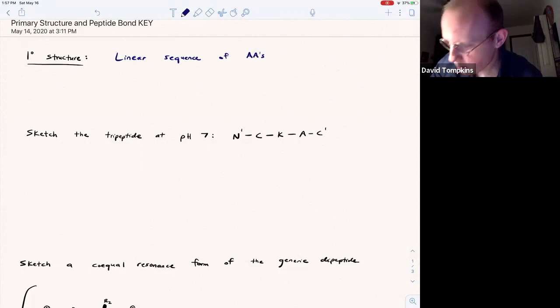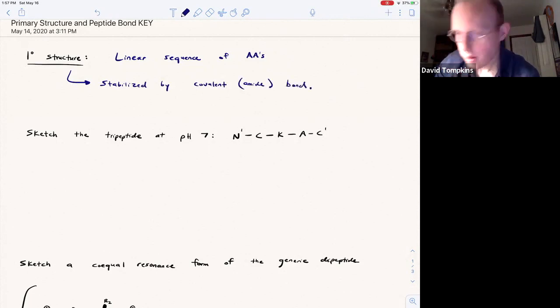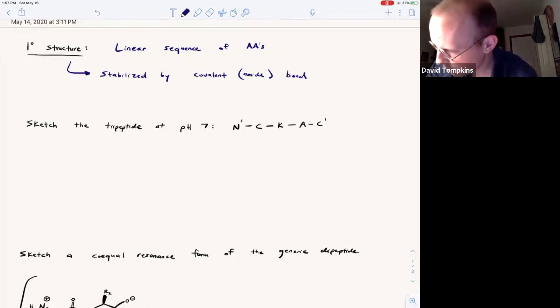And that linear sequence is going to be held together and stabilized by covalent bonds. Specifically, the covalent bond of interest is an amide bond. And those amide bonds in this course we will refer to as peptide bonds.